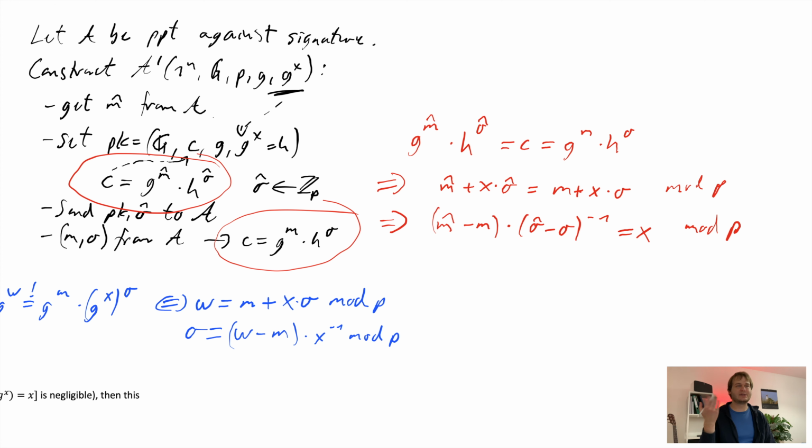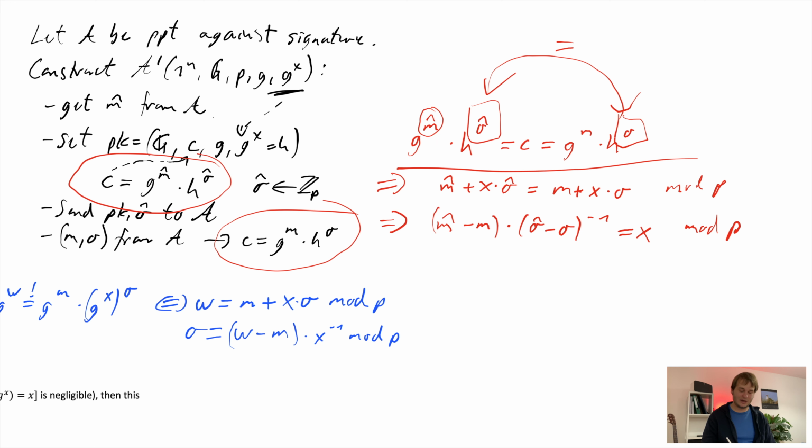So let's suppose for a second that sigma is equal to sigma hat, meaning that this value up here and this value up here, those are the same. But because this equation here holds, if those two were the same, then also m hat would have to be equal to m, because then g to the m hat is equal to g to the m, and so because g is a generator, m hat needs to be the same, at least mod p, as m.